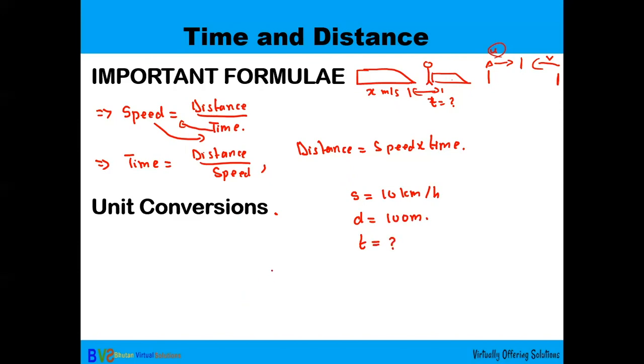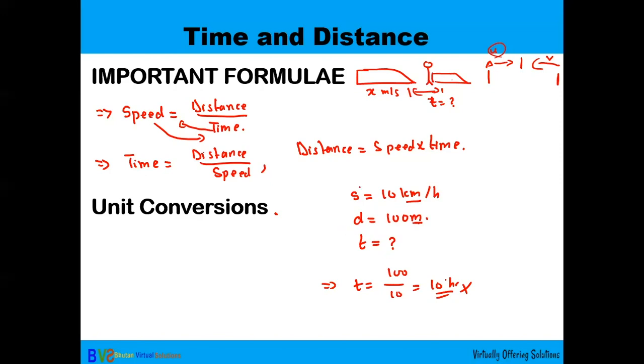When you see this kind of question, you don't directly use the formula. If you directly write 100 divided by 10, 10 hours, this is wrong. Why? Because you need to look at the units. Distance is given in meters, speed is given in kilometers.